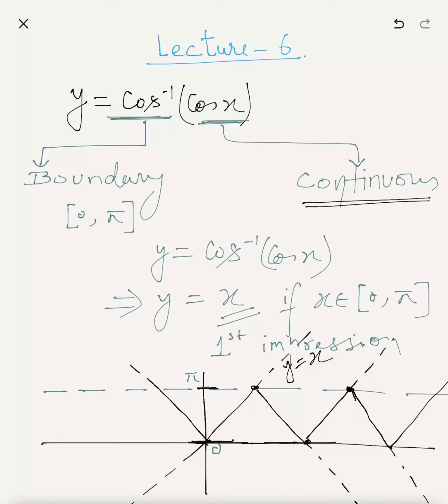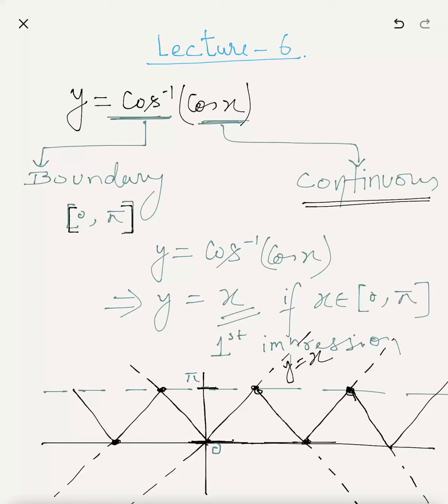Remove the portion which is going out of boundary, fold it at the boundary. Again this is going out of boundary, so remove this and fold it at boundary 0. I'm making dark circle at every boundary, that is pi and 0. Why? Because both 0 and pi are included, isn't it? So this is the graph of cos inverse of cos x.